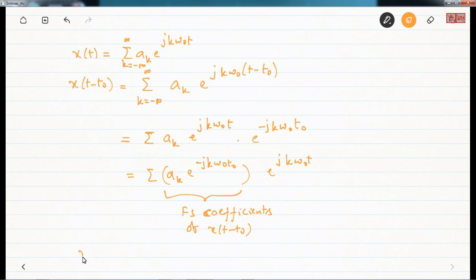So that means x of t minus t naught has a Fourier series coefficient ak multiplied by e power minus j k omega naught t naught.